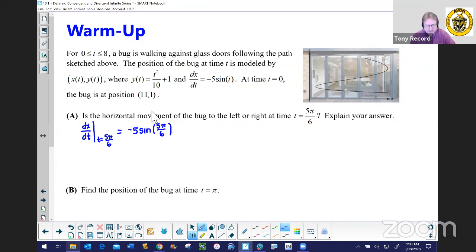Sine of 5 pi over 6, we think about that a little bit. And there's so many different ways that you can pull off this trigonometry. One way you could think of 5 pi over 6 is in which quadrant as you go around? Well, it is in the second quadrant, right? Which pretty much tells you that it's going to be a positive value.